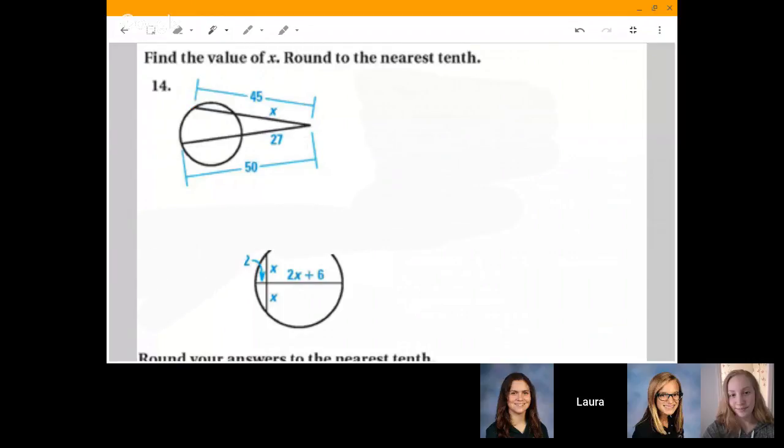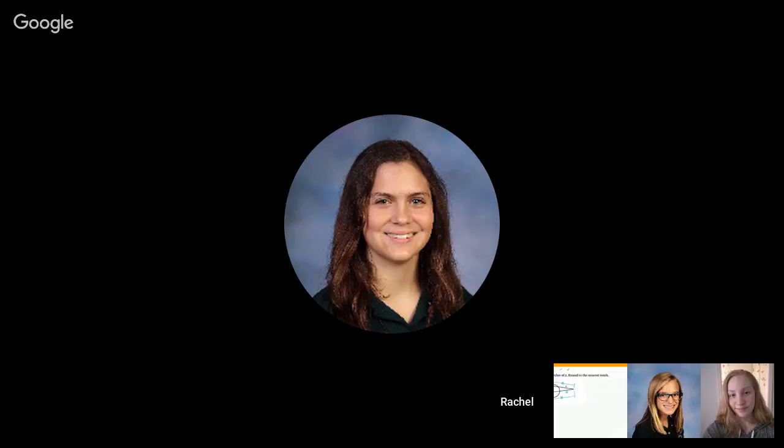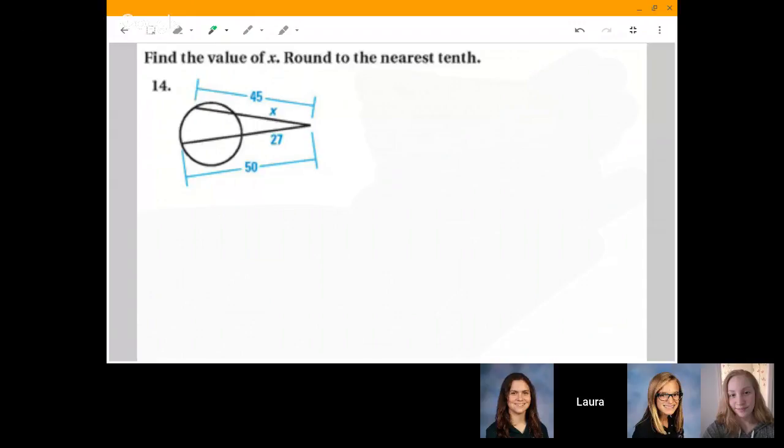So 14, you have 2 secants in that one because they each touch the circle twice and keep going, and they meet at this common external point.